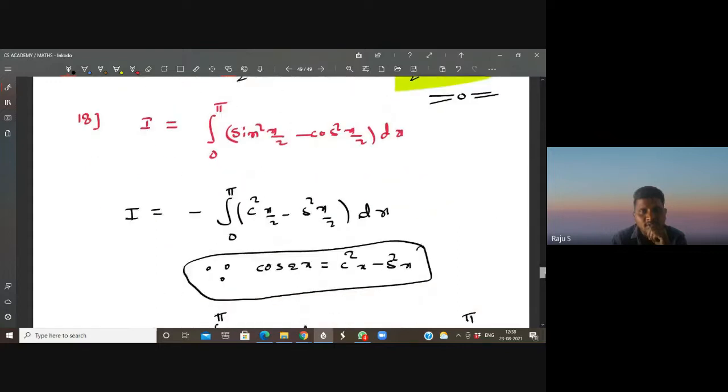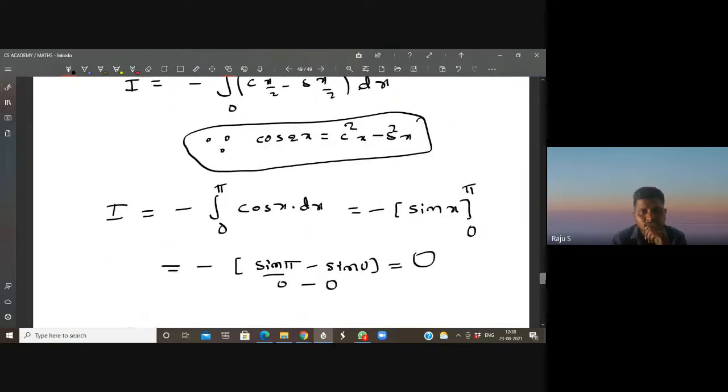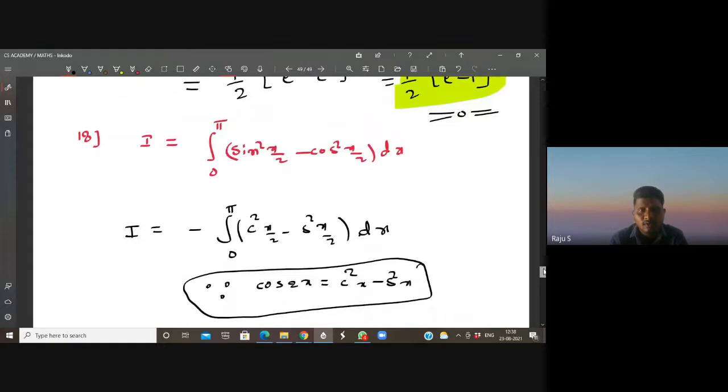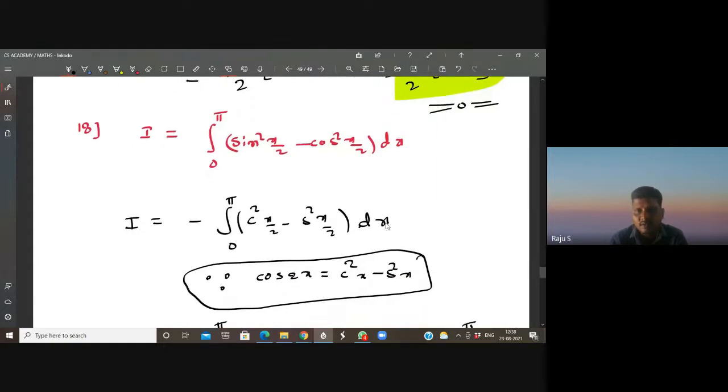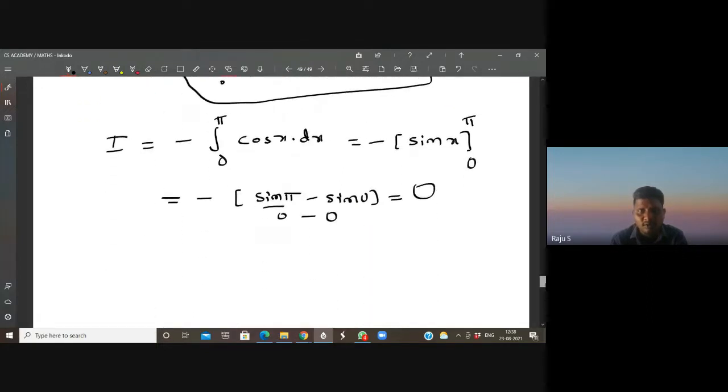Right. So here first we should know the formula, what is cos square minus sin square. But in the question, sin square minus cos square is given. Take minus common, then this becomes cos x. The integral of cos x is plus sin x from 0 to pi.